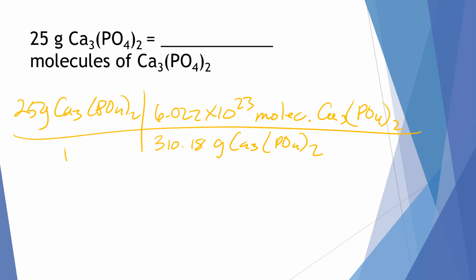So 25 times 6.022 times 10 to the 23 in the numerator, which is 1.5055 E25, divided by 310.18.